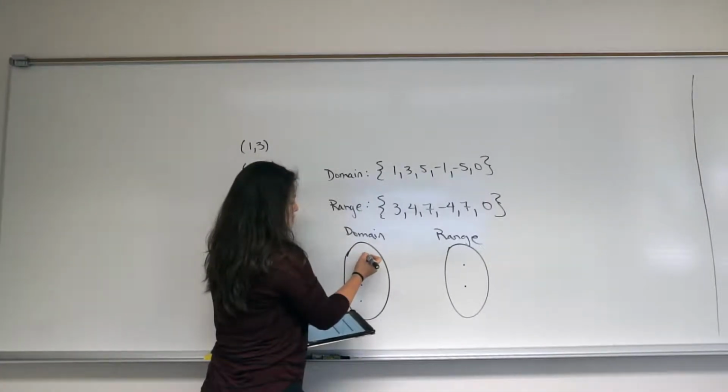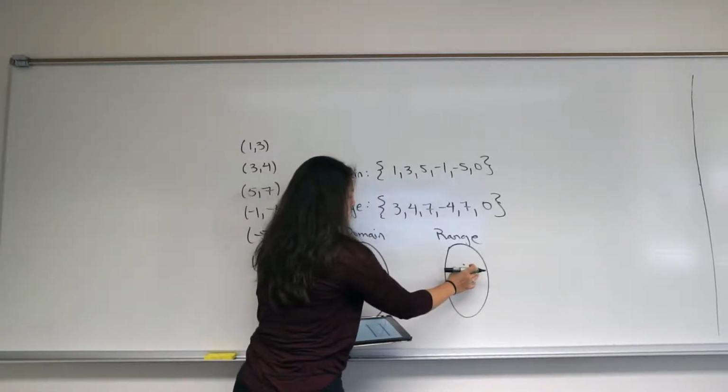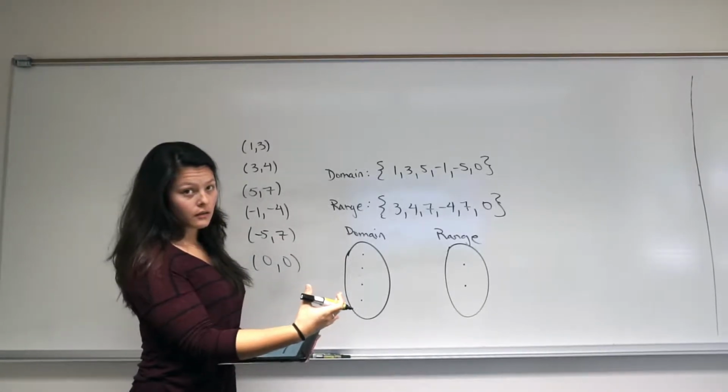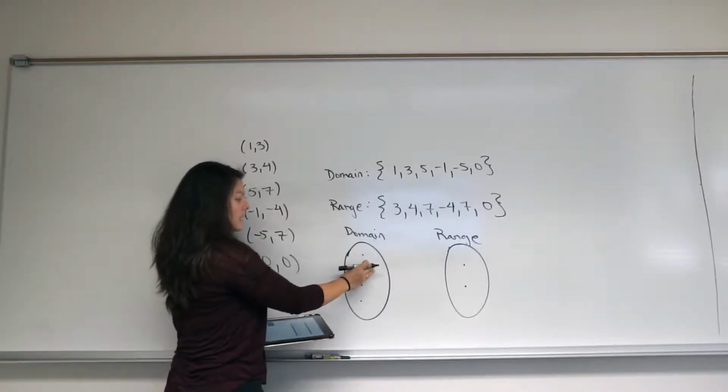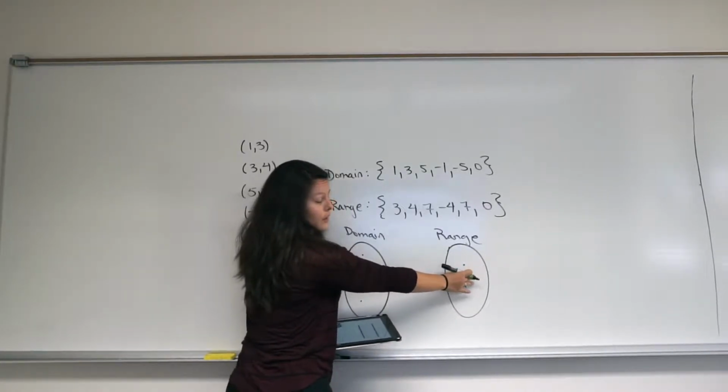And if I draw a relationship between the elements of the domain and the elements of the range, for this to be called a function, each element in the domain can only correspond to a single unique element in the range.